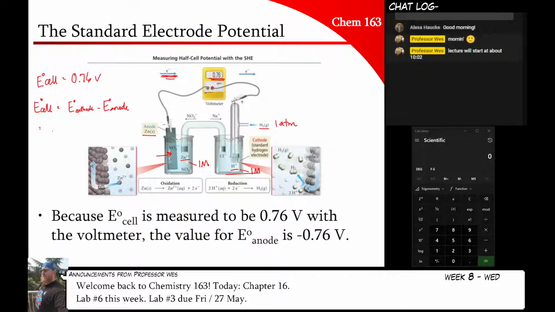And so that's going to be equal to 0 minus whatever anode is to equal this number. So this number must be negative 0.76.